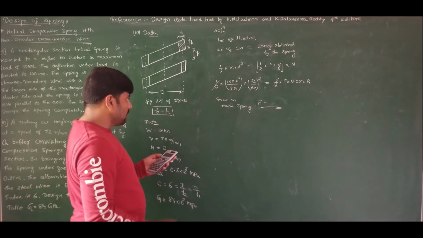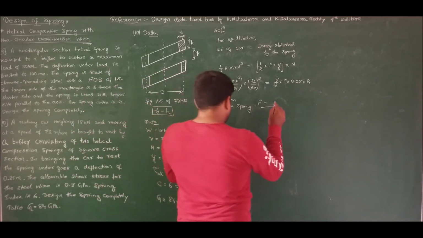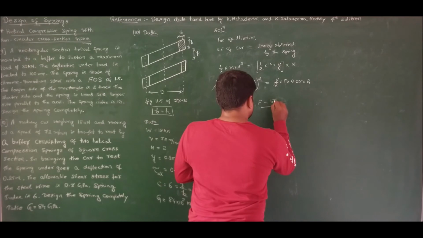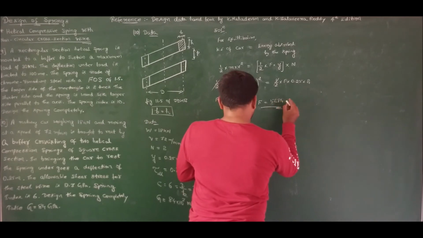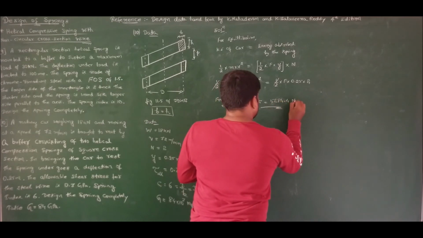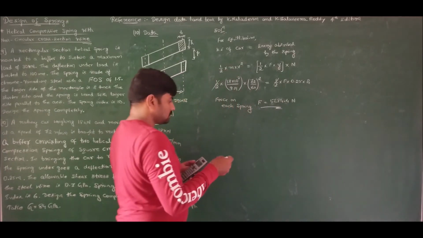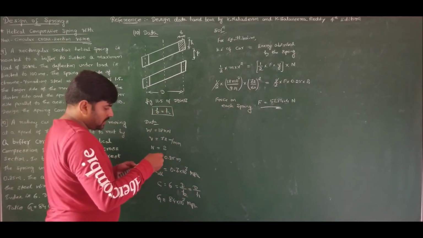So I solve, I'll get force on each spring as 5284.4 newtons. So this is the force acting on each spring.